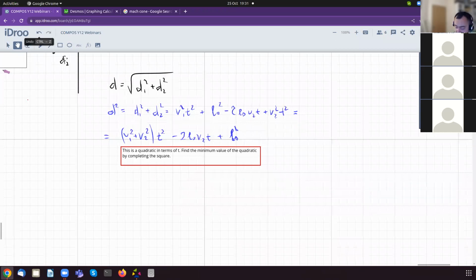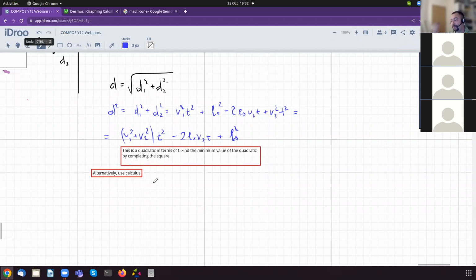I will alternatively use calculus. So how do we use calculus?